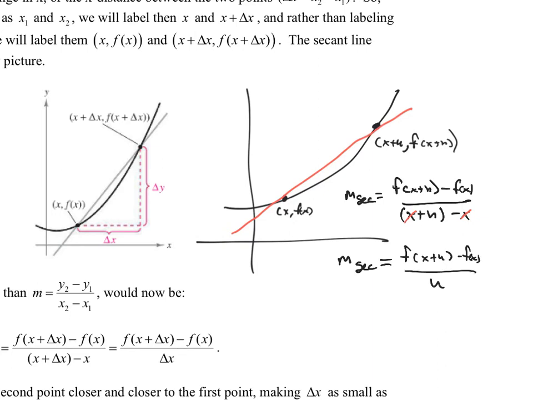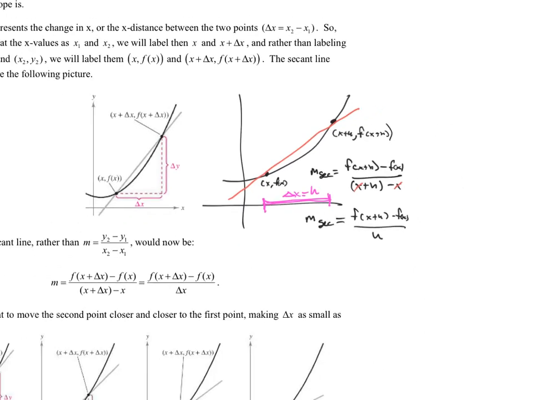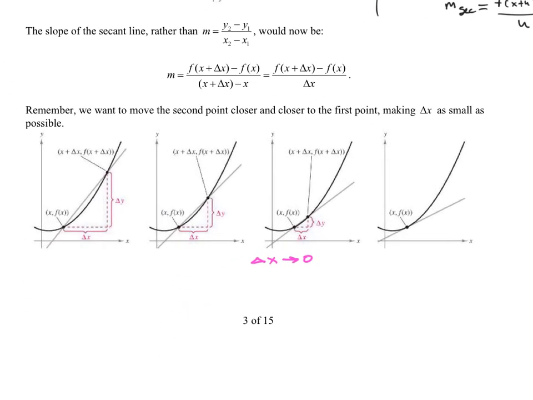So what's the difference here? Instead of calling this change delta x, I'm just calling this change h. So when you look at these pictures and see delta x getting smaller and smaller, what we're really looking at is h approaching 0.